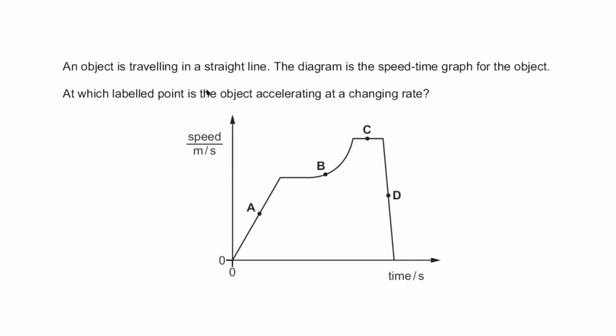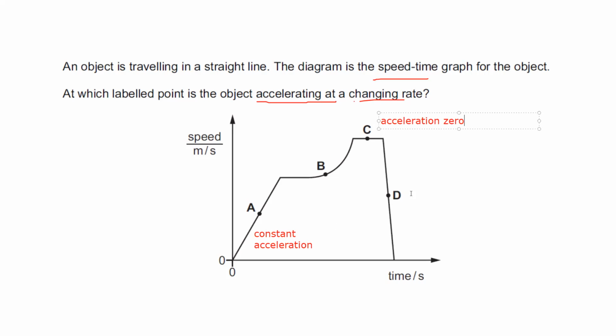An object is traveling in a straight line. The diagram represents a speed time graph. Which label shows the object accelerating at a changing rate? That means acceleration is changing. At A, acceleration is constant. At C, acceleration is 0 because it is a horizontal line.